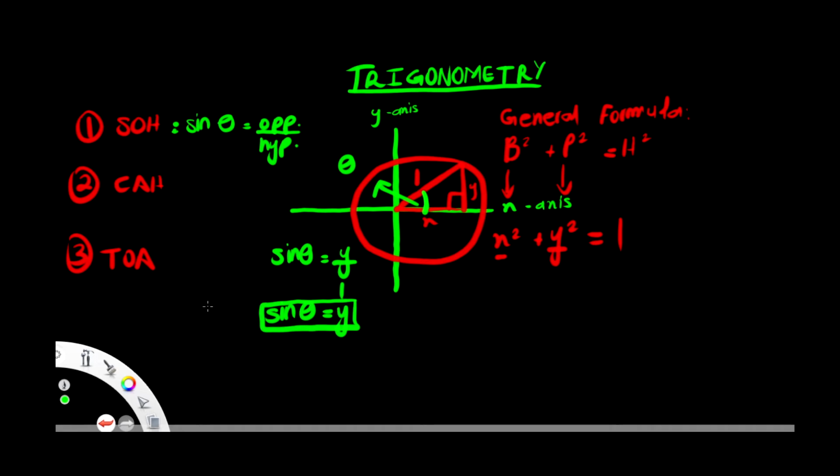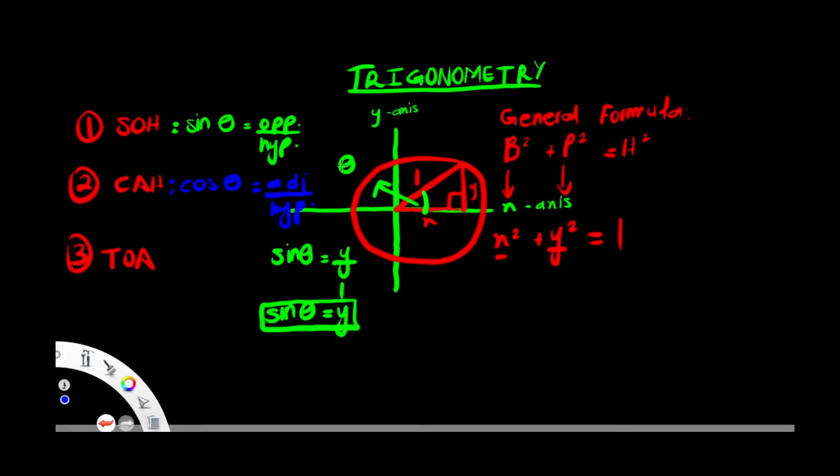So now that we've got this aside, let's move on to the ratio of cos. So cos, which starts with C, stands for cos equals adjacent over hypotenuse. So what is the adjacent in this ratio? The adjacent is basically the side that is beside the angle.